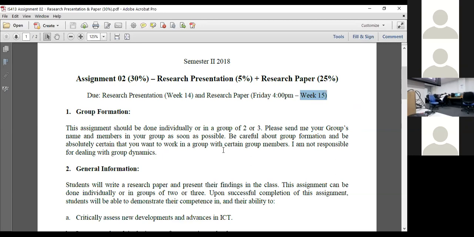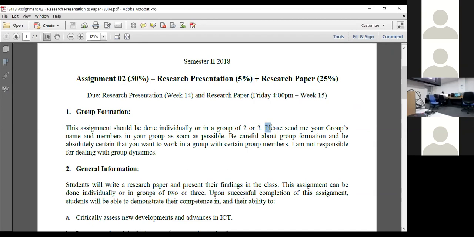Some people like to work on their own because they don't want to be pulled down by others. Some people like to do it in groups of 2 or 3. So as soon as you can, email me your group's name and members in your group and the topic that you want to do your research on.